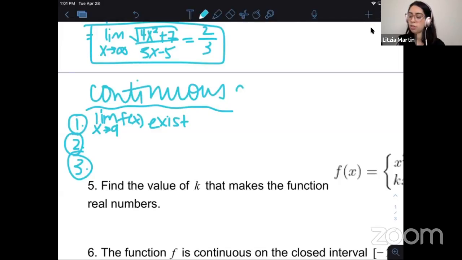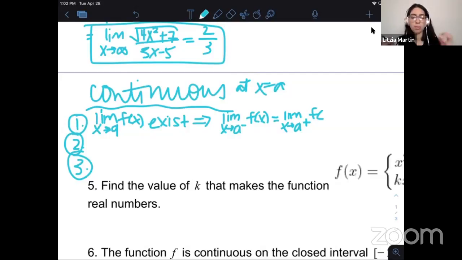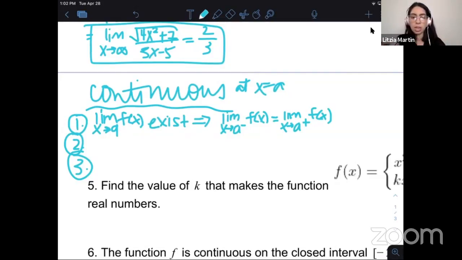In order for a limit to exist, the limit from the left and the limit from the right have to be equal. They have to be the same. That's kind of like a sub rule here. And so that way we know that the limit exists.